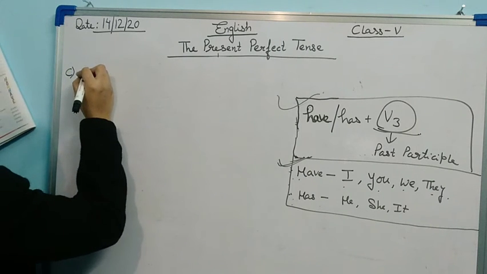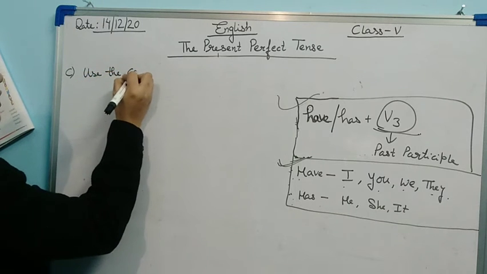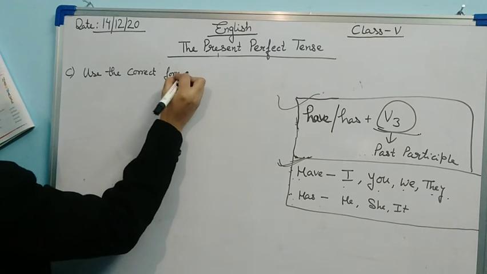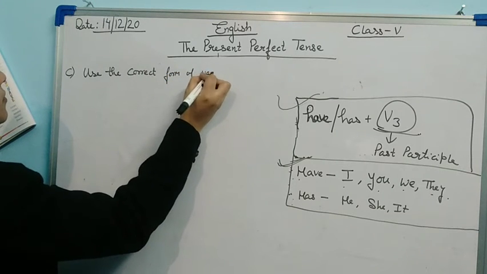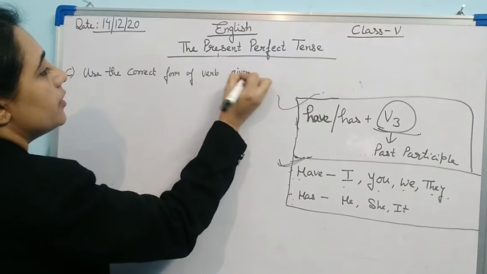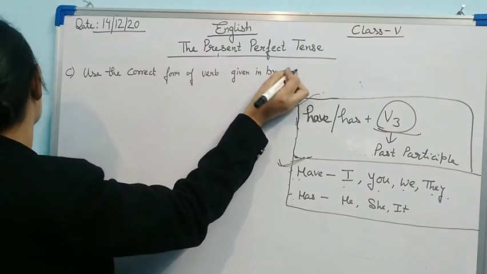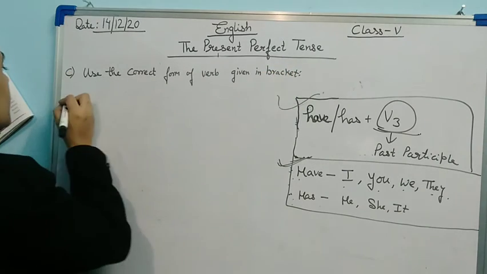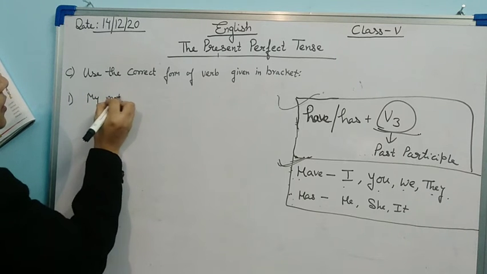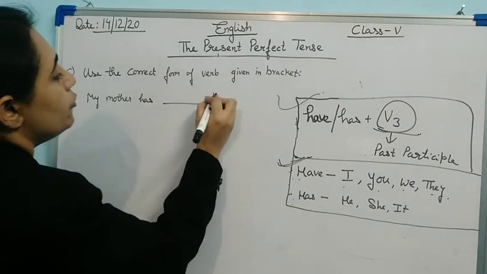Use the correct form of verb given in bracket. Number 1, my mother has dash the food.